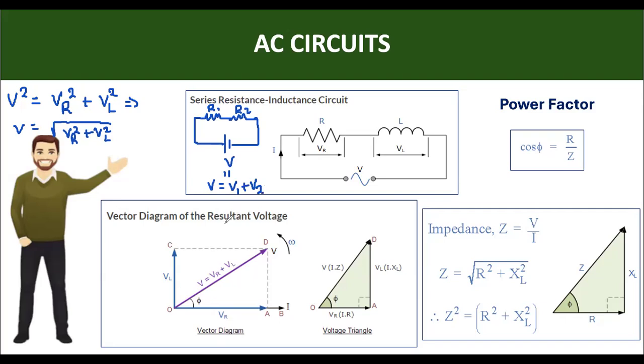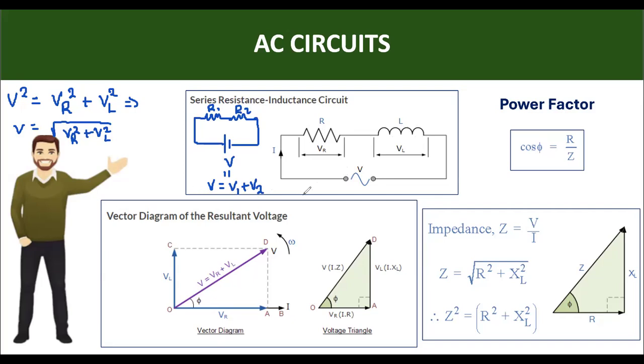But now, when I want to calculate the total voltage of all the components of the circuit, and in this occasion we have the RL circuit, we do not go straight to add these two values, the VR and the VL, but we use the squares.